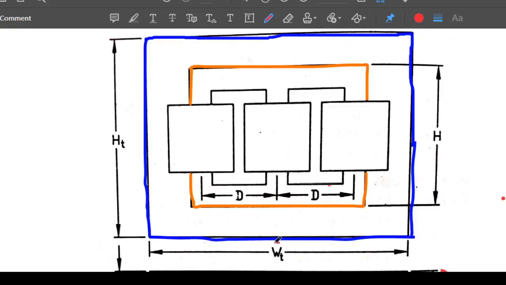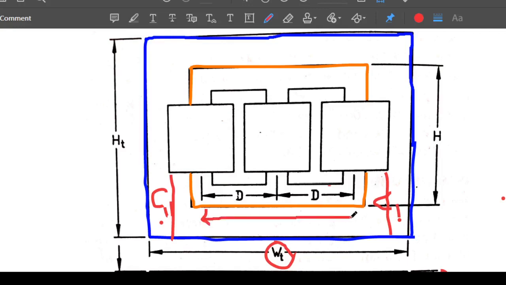And finally, we will find WT, that is the width of the tank. That means from this end to this end. So you know that there is some clearance on the left hand side and the right hand side. Suppose I name the clearance as C1 here and C1 here. This portion is your clearance. Similarly, this portion is your clearance. So this is C1 plus C1, plus there is 2 times D. From this to this end, it is 2D.